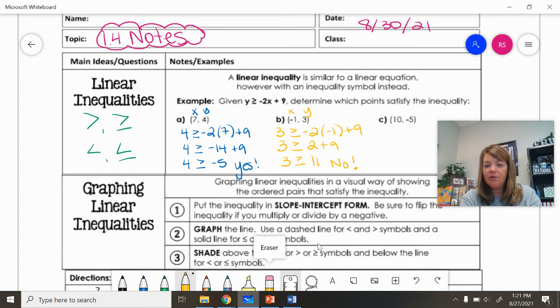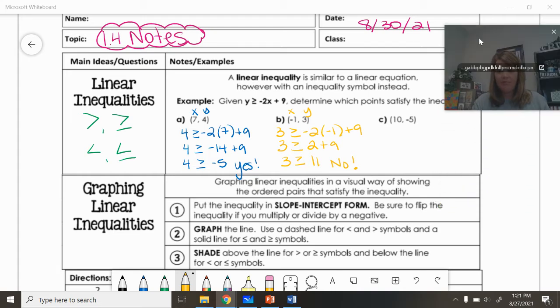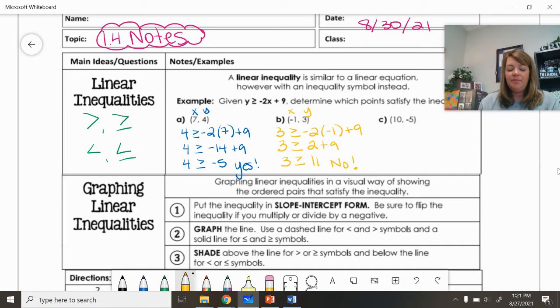Okay, let me get a hold and move my little camera here. Okay, 10, negative 5. So we're going to try to figure out, is 10, negative 5, 10 being our x and negative 5 being our y. This is x and this is y. And do they satisfy this inequality? Okay, so negative 5, is that greater than or equal to negative 2 times x, which is 10, plus 9?